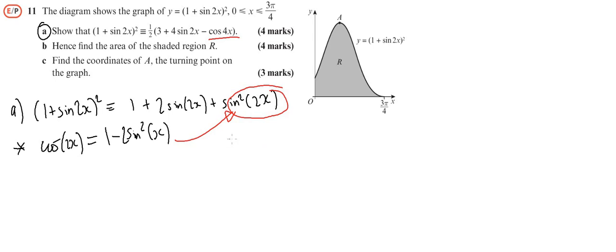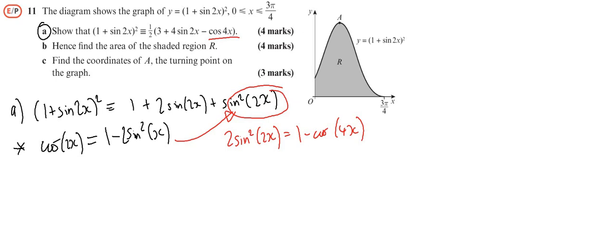So we rewrite this. It means that 2 sine squared, in this case 2x, is equal to 1 minus cos of 4x. Okay, but we don't have 2, we have 1, so we're going to do a half of that.